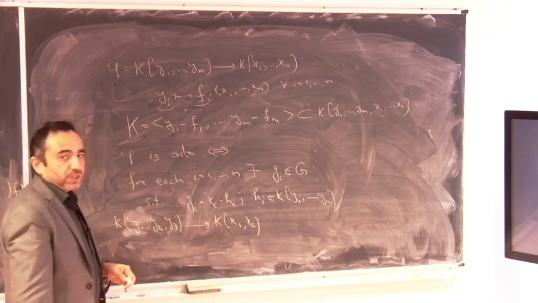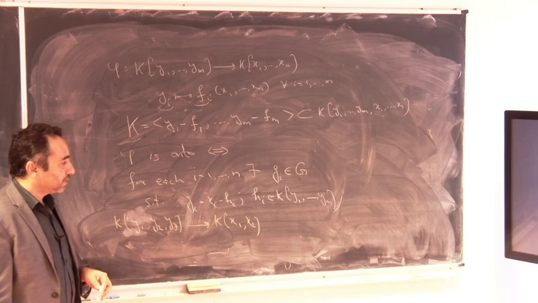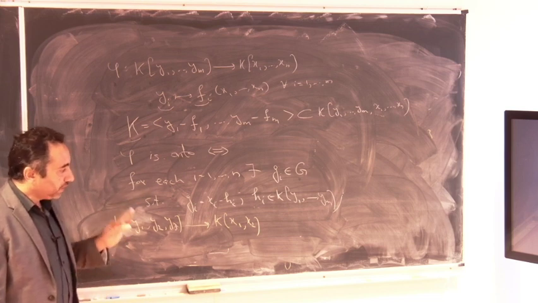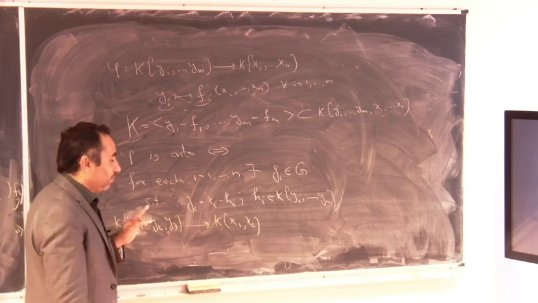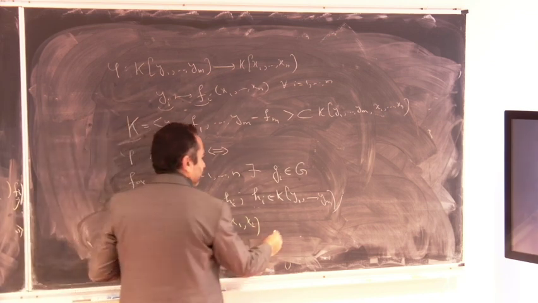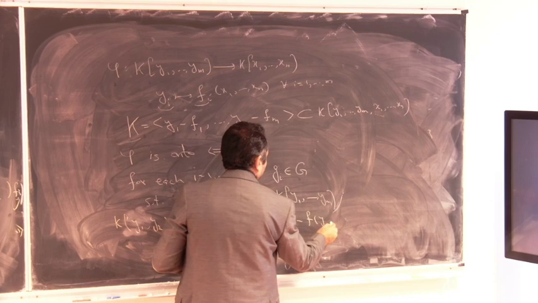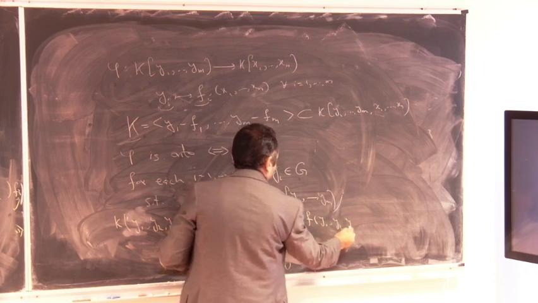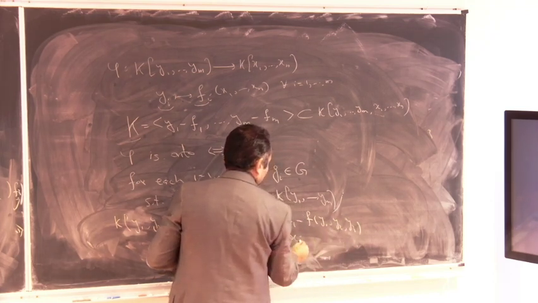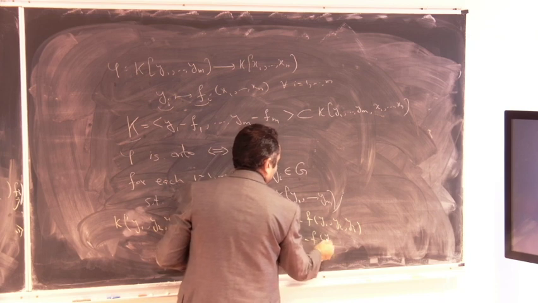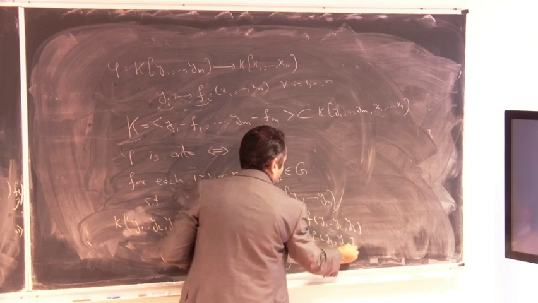What we need in the Gröbner basis g is an element of the form x1 minus some function of y1, y2, y3, and x2 minus some function of y1, y2, y3.